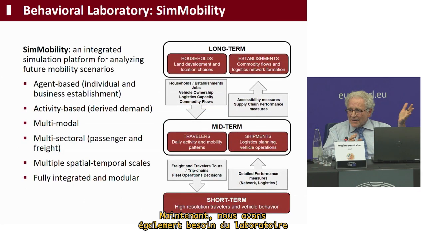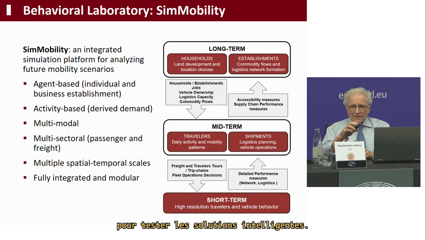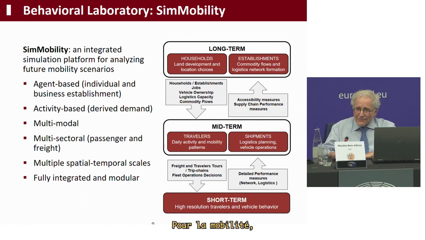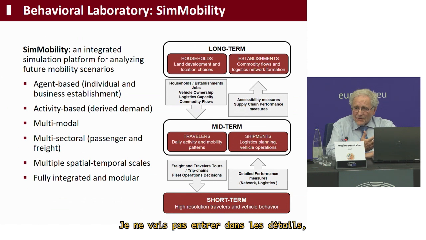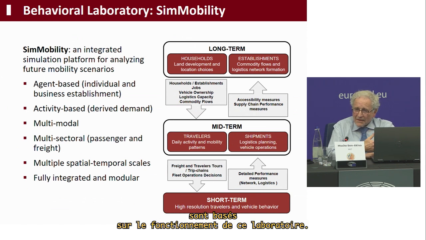Now, we also need a laboratory to test the smart solutions. For mobility, we developed a laboratory we call C-Mobility. I'm not going to get into the detail, but the results that I will show you in the next section are based on running this laboratory.